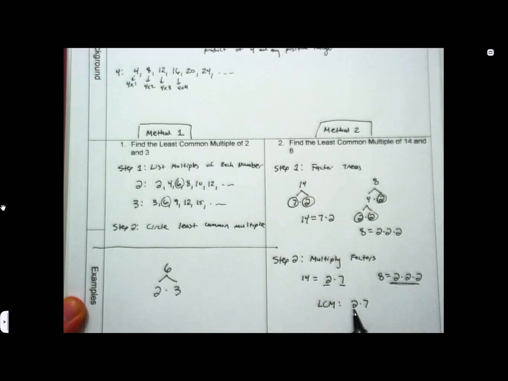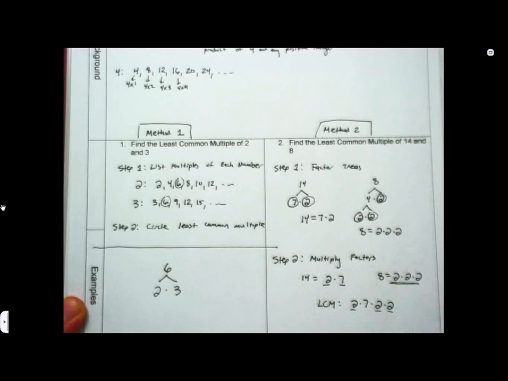Since I already have one 2, all I need to do is add two more 2's to give me the three that make up 8. And where's 14? Well, 14 is just one of the 2's times the 7. So you can see in my least common multiple, if I multiplied these numbers out, I would end up with 56 as the answer.